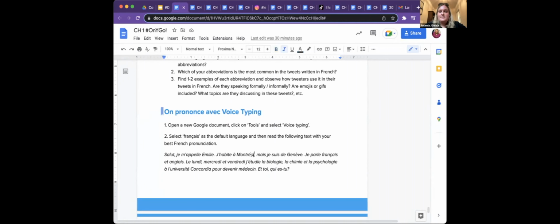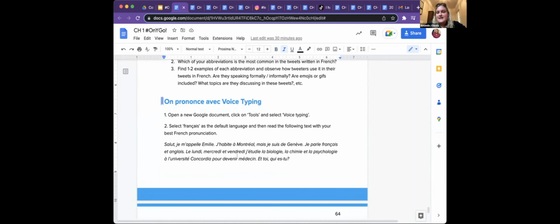This is basically where we give students little bits of language to try to practice that they would need in real life. So presenting themselves, introducing themselves to someone, ordering something from a restaurant, etc. And so what we do here is we give them small targeted texts and we say, okay, speak to your Google Translate. So what does the voice recognition function in Google Docs make of you articulating this paragraph?